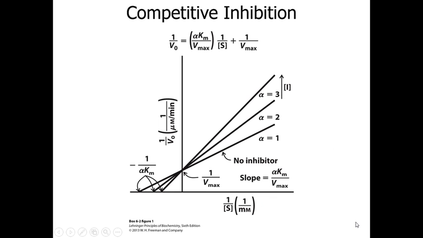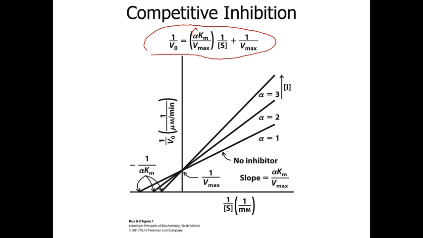Graphical representation of this competitive inhibition. As you can see, you can use an inverse plot to figure out the differences between various kinds of reversible inhibitors. This term alpha is embedded in this equation.